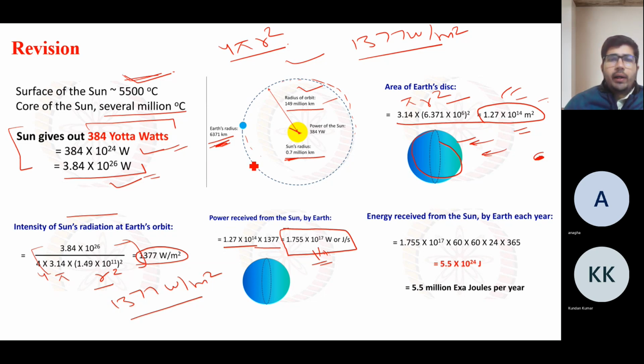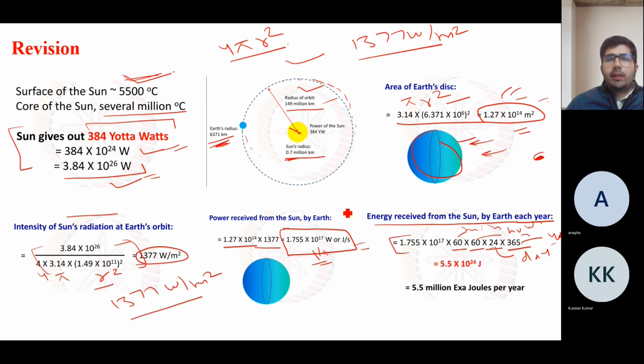Now the energy received from the sun by the Earth each year. This energy is in joule per second, so we convert it into years. Multiply by 60 for minutes, 60 for hours, 24 for days, and 365 for one year.